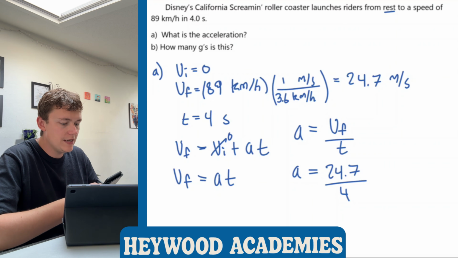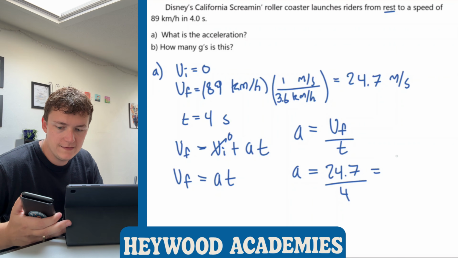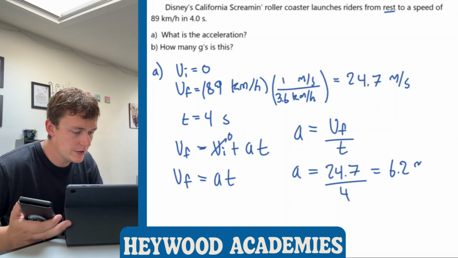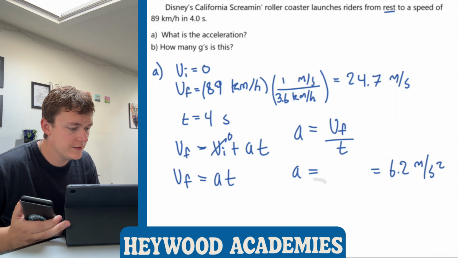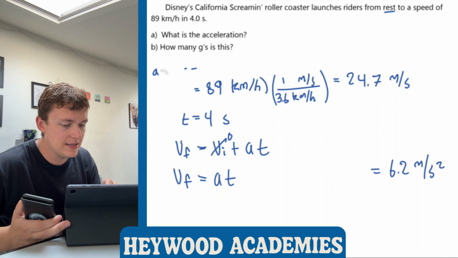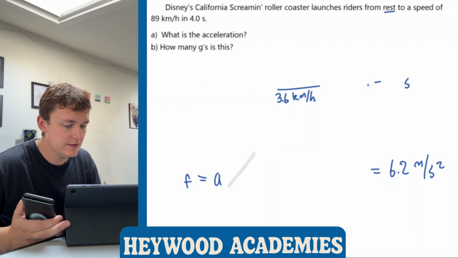So 24.7 divided by 4 gives us 6.175. Going to just round that to 6.2 meters per second squared. So that's our acceleration that we're working with, 6.2 meters per second squared. That's the answer for part A. Now we want to figure out how many G's is this.